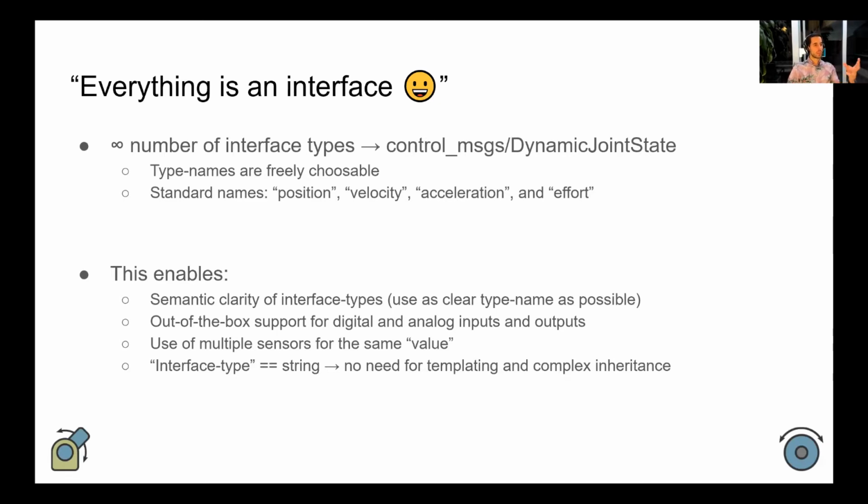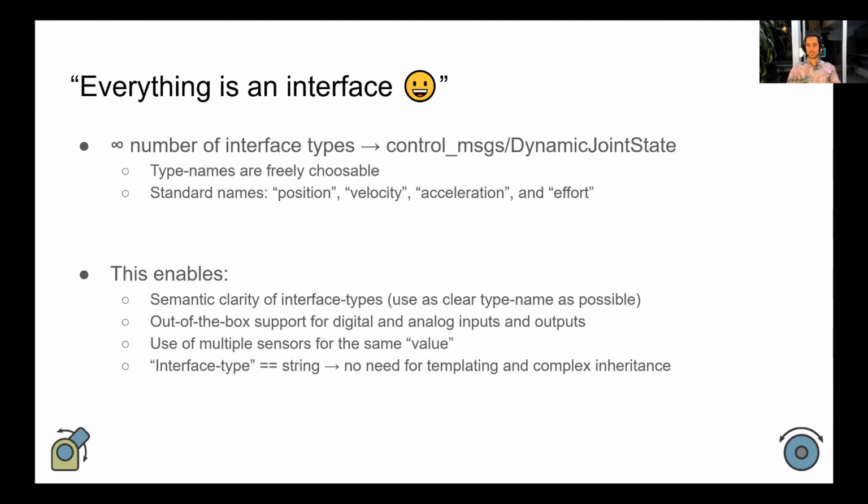But the idea is that we can put all the data there. So you have separate interfaces for each joint and values for each interface, and this interface can be anything. Of course, we added some standard names. We standardized them through a header definition, where you have position, velocity, acceleration, and effort as standard interfaces.